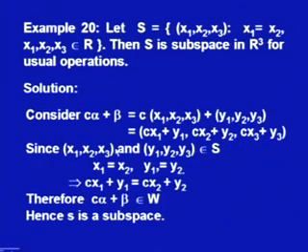Now, since (x1, x2, x3) and (y1, y2, y3) belong to S, they must satisfy the given constraint, that is x1 is equal to x2 and y1 is equal to y2. And using this condition, we can see that Cx1 plus y1 will also be the same as Cx2 plus y2. That means this constraint will be satisfied by the right hand side of C alpha plus beta, and therefore C alpha plus beta belongs to S, and hence it is a subspace.